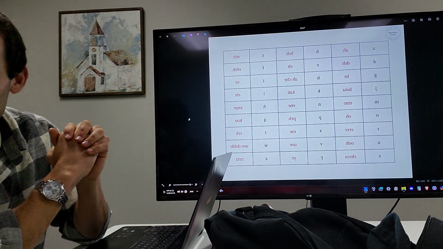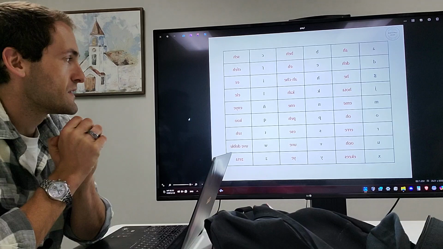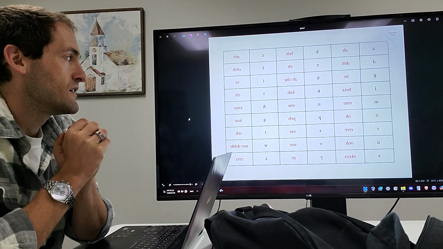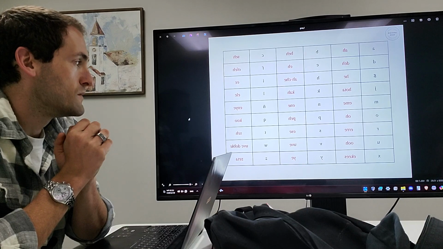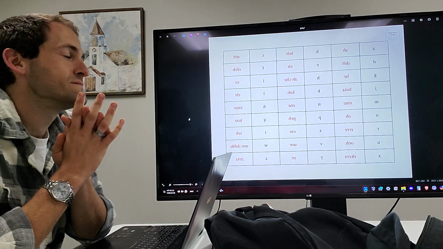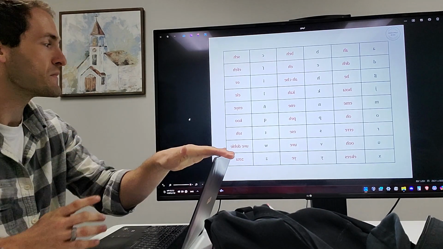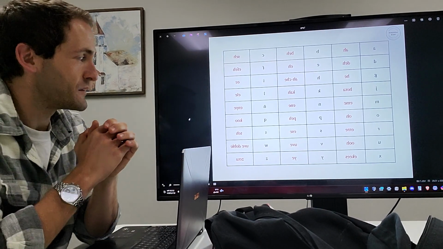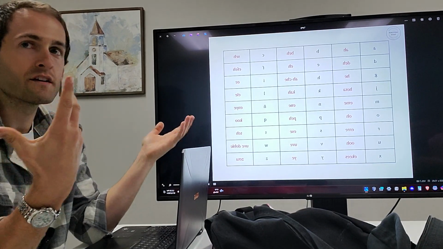O, P, Q, R, S, T, U, V, uve doble, X, Y, Zeta. Yes. So it's important to note that technically Y has two pronunciations.